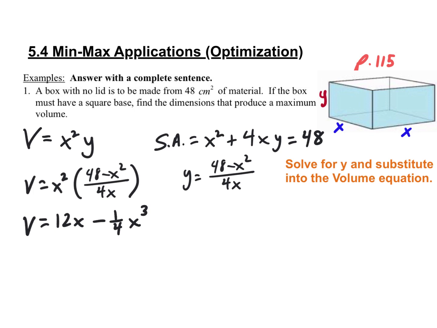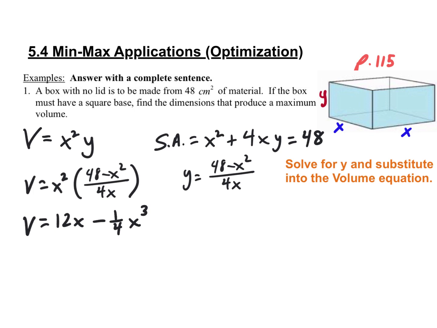So setting the domain. Okay, obviously one of the things that is true is x can't be negative. It's a measurement. So it's got to be 0 or greater. And of course, if it was 0, that would mean there would be no base. So it's going to have to be bigger than 0. The trick here, to me, what I would do is factor. And at minimum, get an x out.